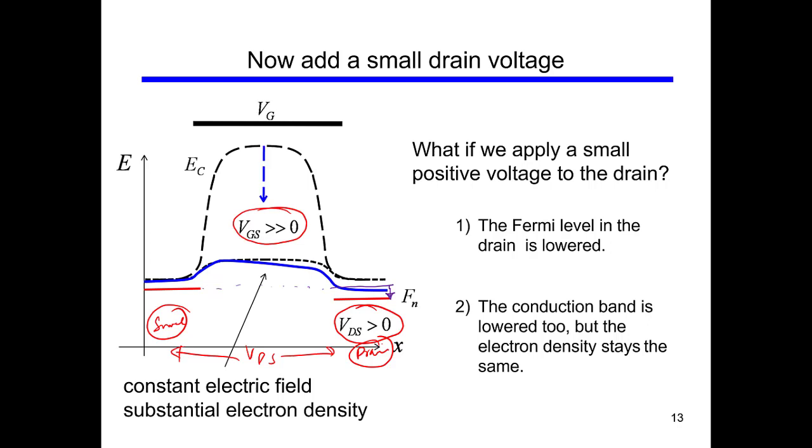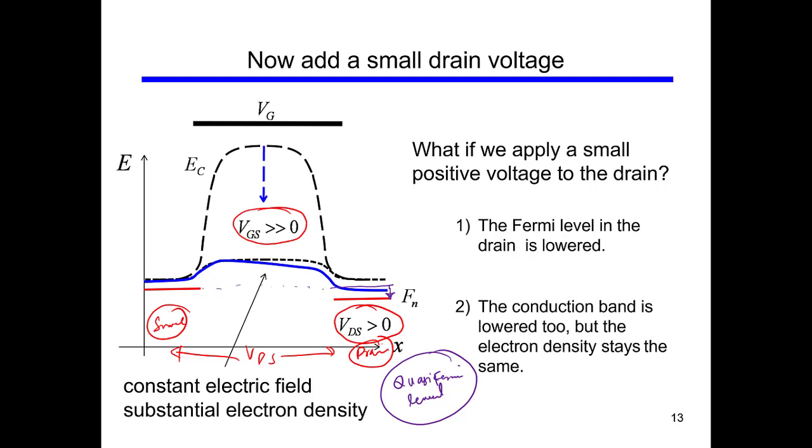In fact, this Fermi level is sometimes called the quasi Fermi level. It's just a name. You can call it the Fermi level, but some of the reference material will call it the quasi Fermi level. So this is what happens.